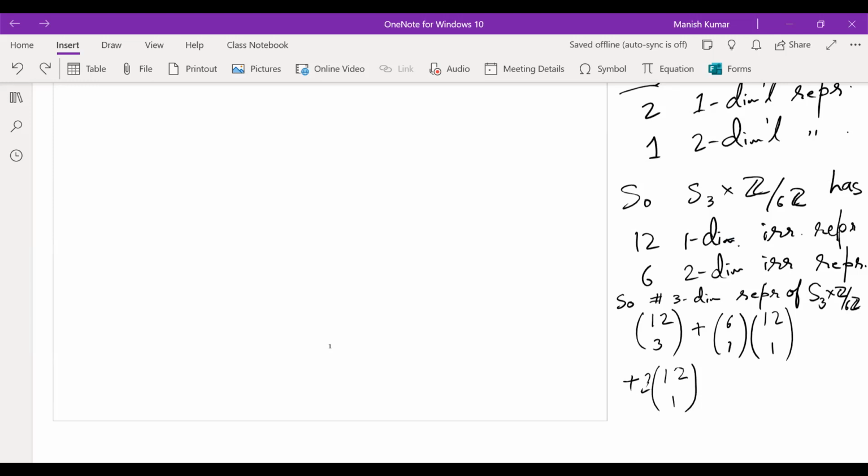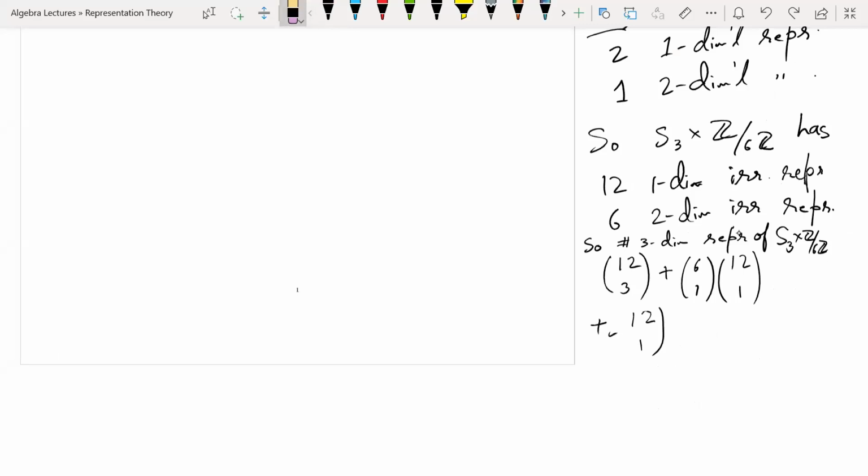So you do 12 choose 2, I forgot the counting arguments. So you have to do 12 choose 2, that you can make by choosing two representations, and one of them will have to be with multiplicity 2, and the other one has to be with multiplicity 1. So I think this counts everything.